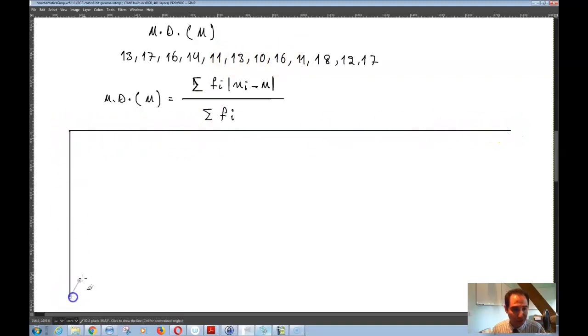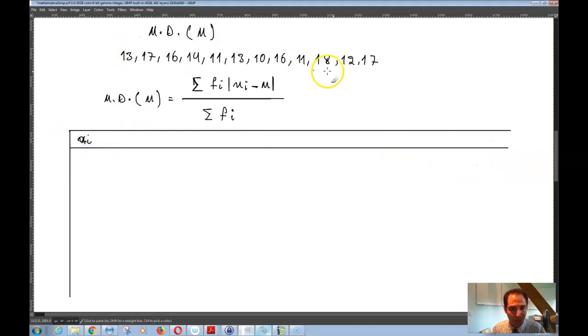If you arrange this data in a simple table, and here you write your x of i, meaning all of these observations, you see that you start with a 10 and an 11. So you have a 10 over here which occurs one time. So this is f of i, for example.